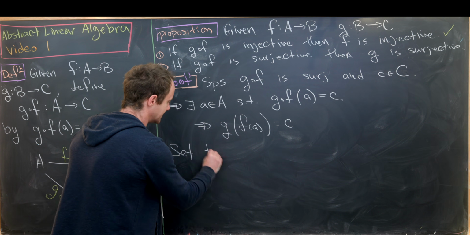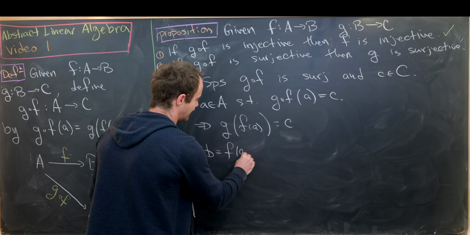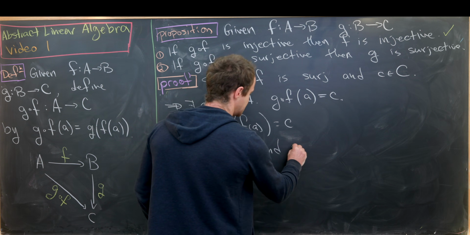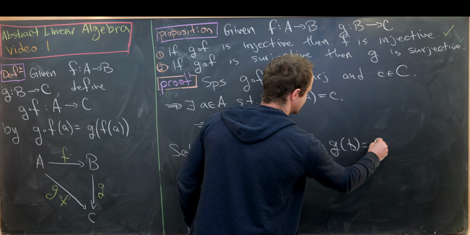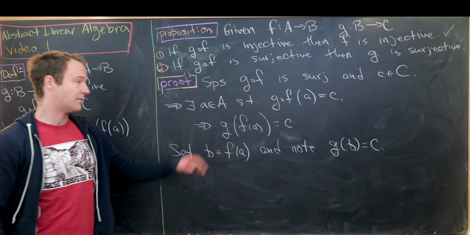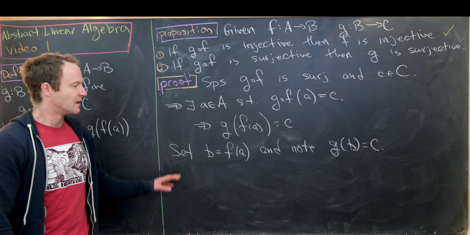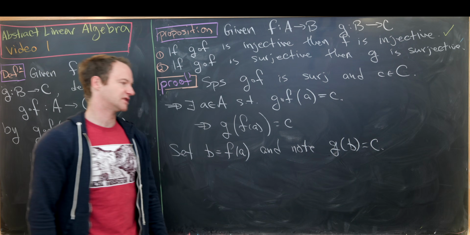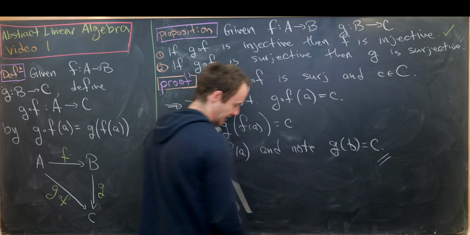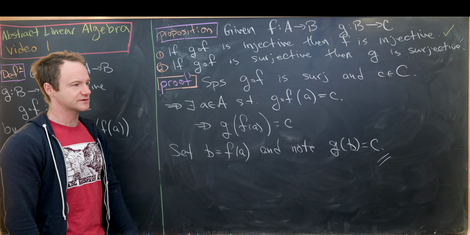So let's set little b equal to F of a, and note that G evaluated at little b is exactly c by this equation right here. But that's exactly what we need in order to finish off this proof of surjectivity. Okay, so that's good. So let's end the results here.